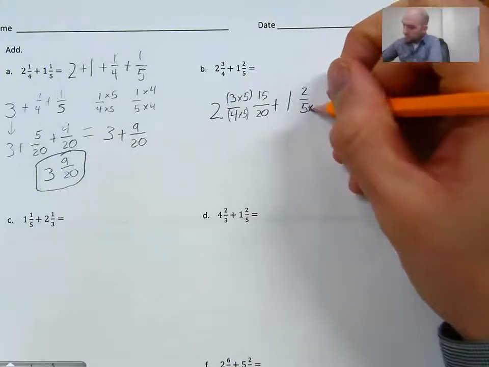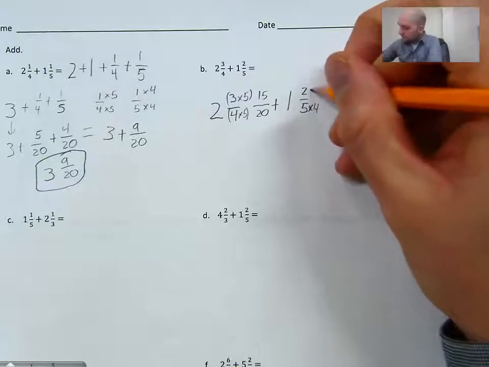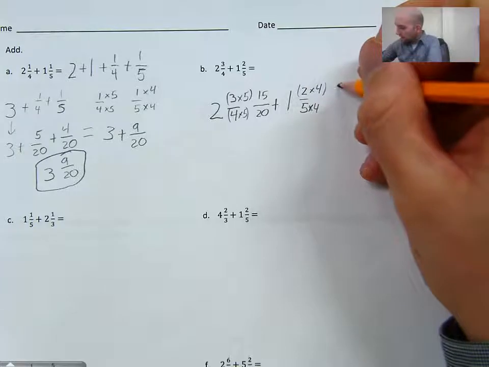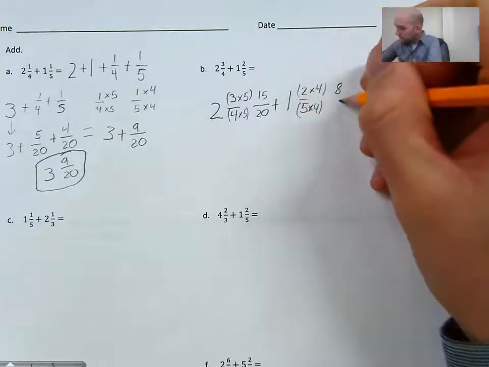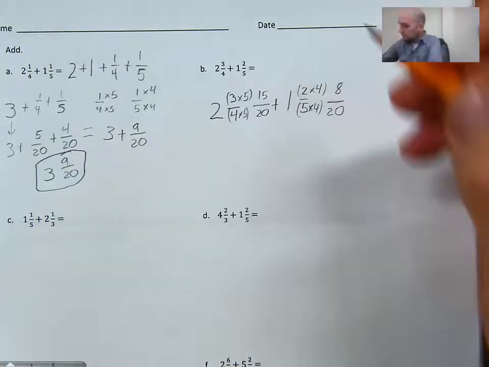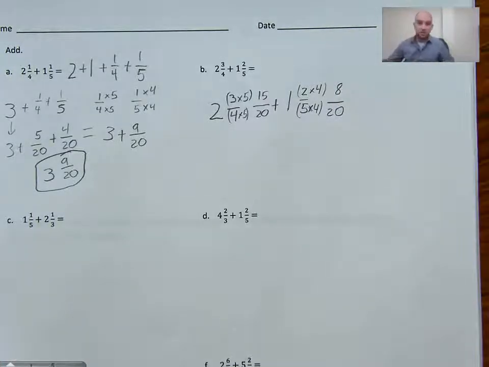I need to multiply 5 by 4 to get 20, so I need to multiply my numerator by 4. 8 on the top. Now I have 2 15 20ths plus 1 8 20ths.